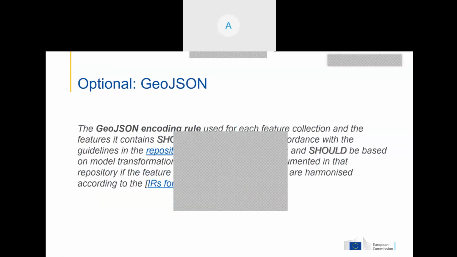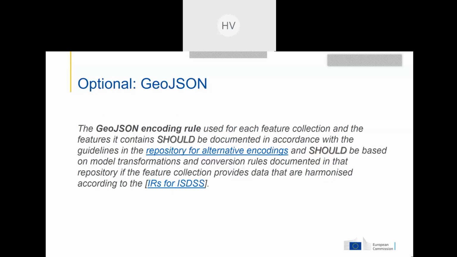Yes, thank you. As Clemens already mentioned, it is strongly recommended to use JSON and GeoJSON for features. There is a recommendation in the specification that says, okay, if you use a GeoJSON encoding rule, please reuse the work that has been done earlier within the Inspire work program on alternative encodings.